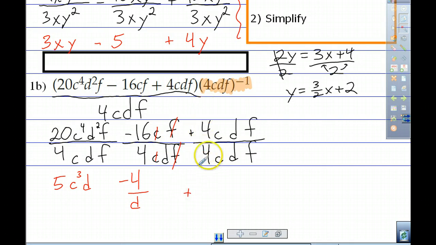Continue on. 4 over 4, 1. C over C, D over D, and F over F. So 1 times 1 times 1 times 1. You have to put plus 1? And that'd be like over here, this is a 2.